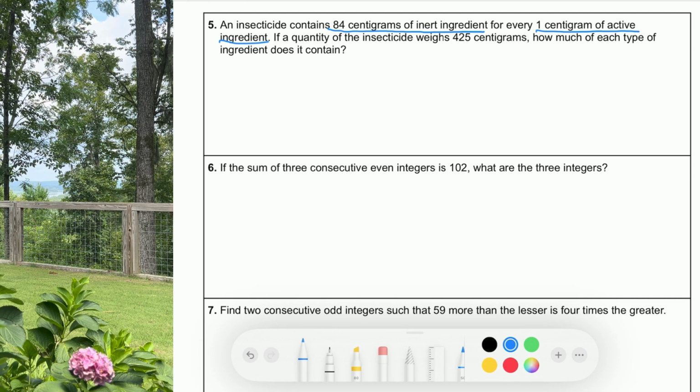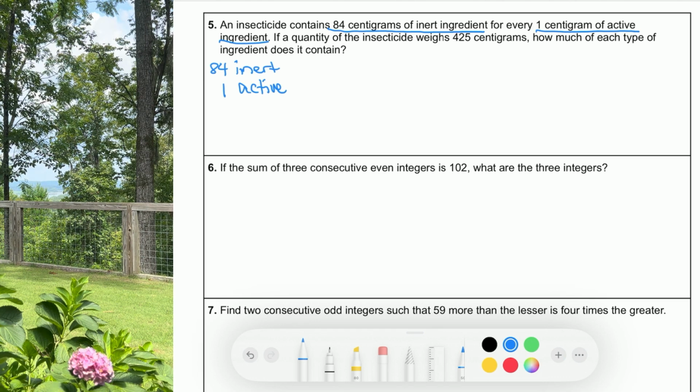Okay, so the first thing I need to notice is that we have 84 centigrams of inert ingredient for every 1 centigram of active ingredient. This is our formula, basically, of how we would bake this cake if we were making a cake.